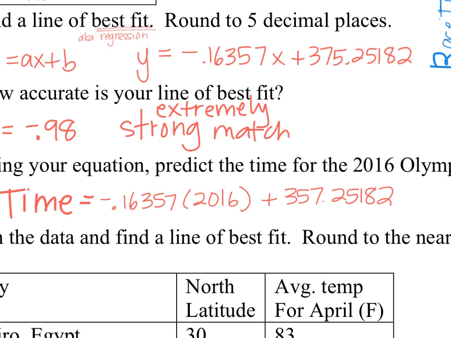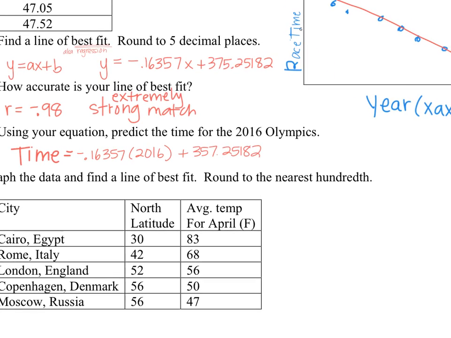So you'll want to quit away from your graph using second mode, and then go ahead and type that in to determine what you predict the time to be in the year 2016.